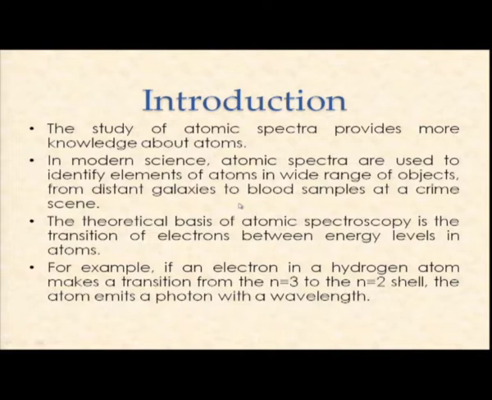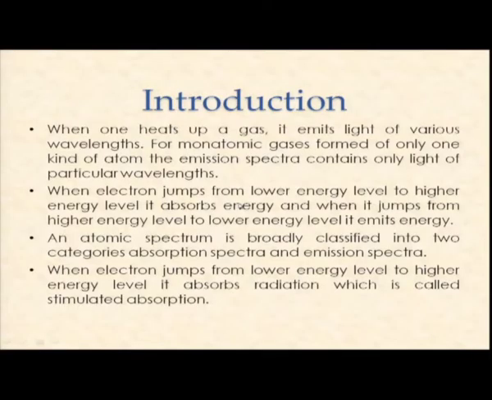Like that, for any transition, there will be an emission when the transition is from a higher energy level to a lower energy level. If the transition is from a lower energy level to a higher energy level, absorption of energy takes place. This is the fundamental physics behind atomic spectra. Coming to emission, if we heat a gas, it emits light of various wavelengths.